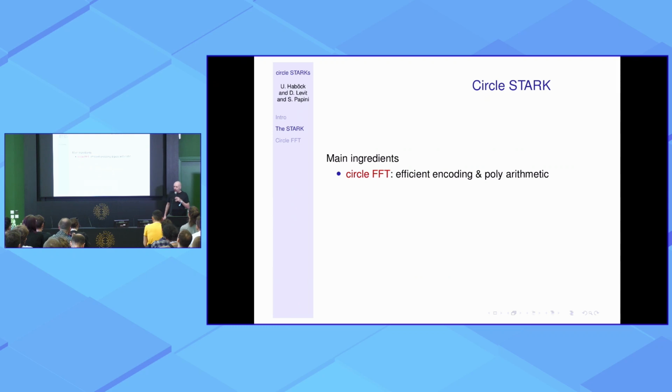One is the so-called circle FFT, a simplification of the ECFFT for efficient encoding and polynomial arithmetic, and then tightly related, the circle FRI, a low degree test. So it is again on the circle. For just a matter of time, this will be only about the circle FFT. And now I hand over to Shahar. He will explain the circle FFT by means of a very elementary explicit example.